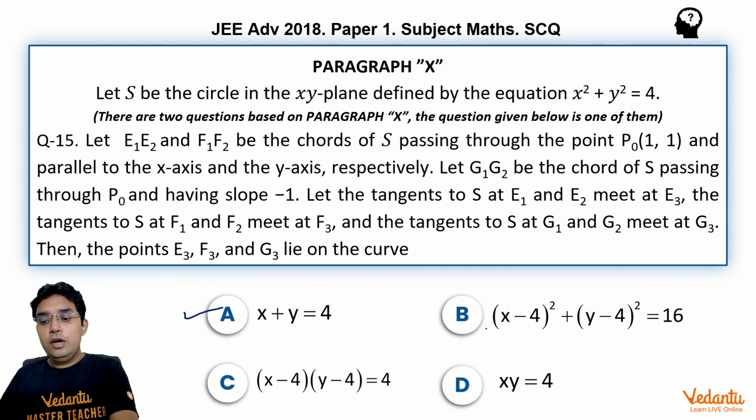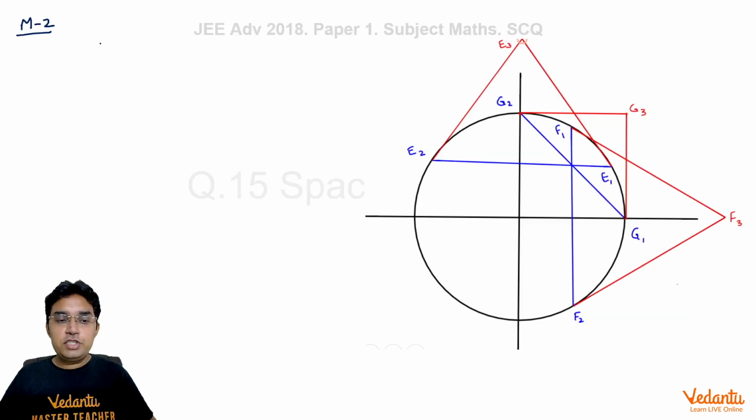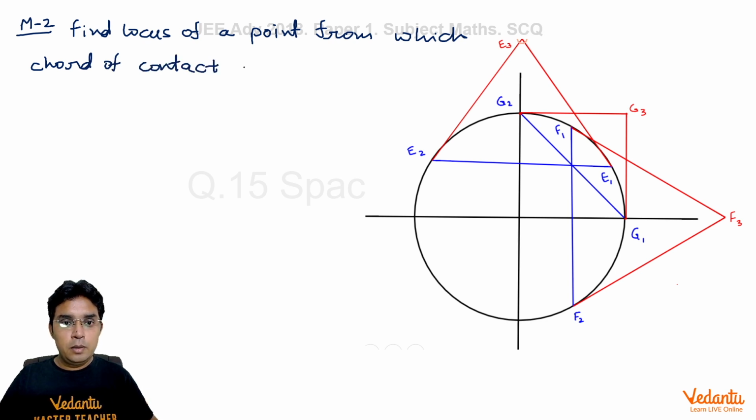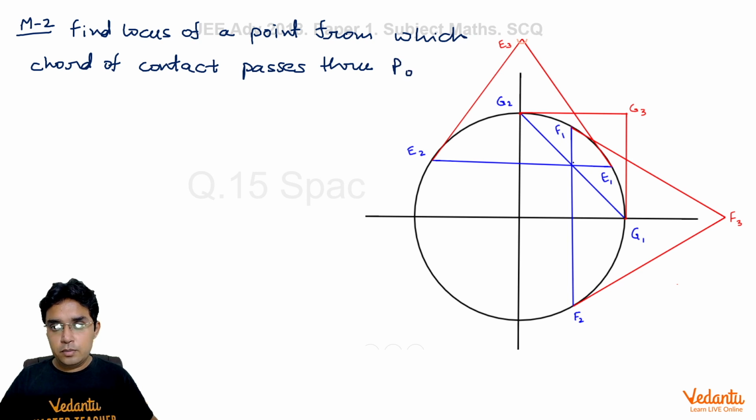Now I'll tell you one more method to do this, in which I will try to find the locus of a point from which the chord of contact passes through P naught, which is 1, 1.